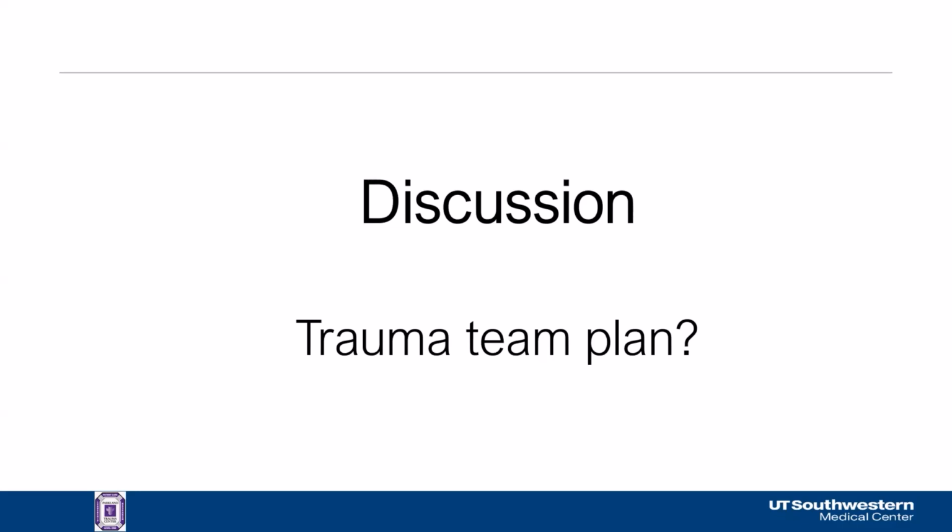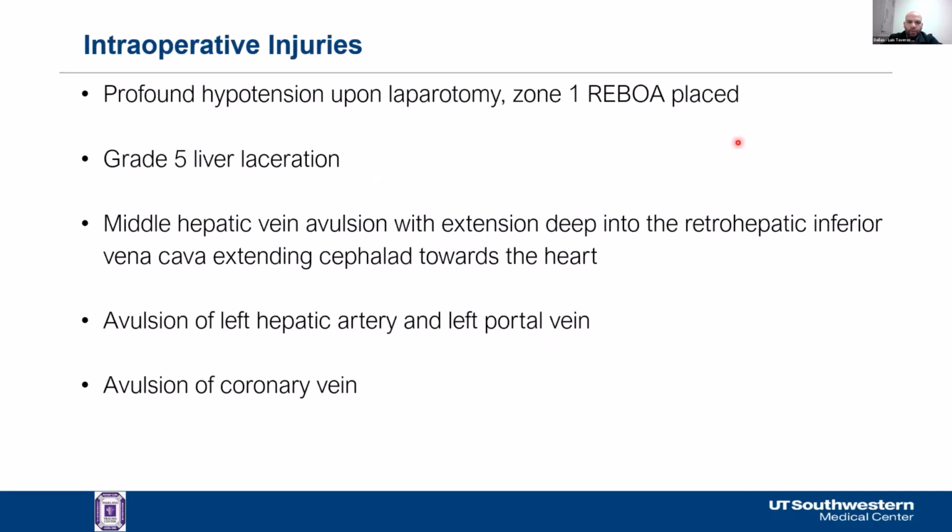Great. So at this point, the patient has been hypotensive and the MTP has been started. The patient is taken to the operating room and becomes hypotensive upon laparotomy. So zone 1 REBOA is placed while the laparotomy is started and the hematoma is evacuated. A grade 5 liver laceration is found and the middle hepatic vein avulses.